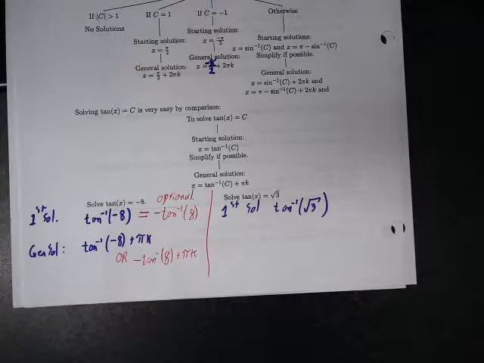Cool. So let's see. That should also be the angle that's between negative pi over 2 and pi over 2, which has tangent equal to the square root of 3. Is there an angle on the unit circle which has tangent equal to square root of 3 that you just already know? Pi over 3 does the trick.